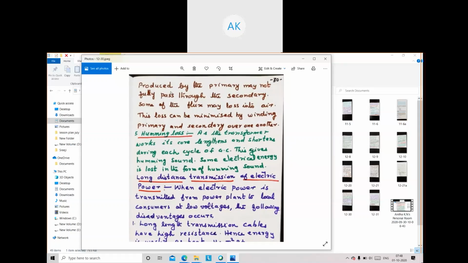Whatever flux is produced in the primary may not link with the secondary, so some flux will pass to the surrounding also. Even though we are using soft iron so that maximum flux will be linked with the secondary, some flux leakage will anyway happen to the air. That is flux leakage loss.